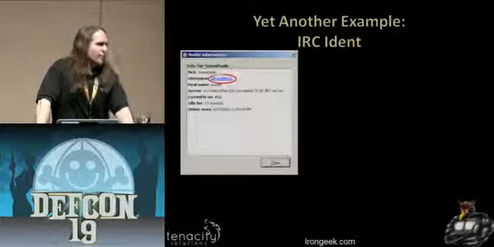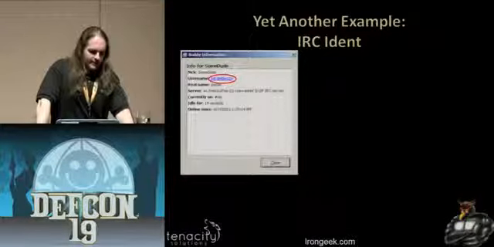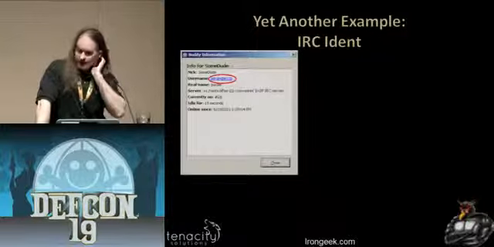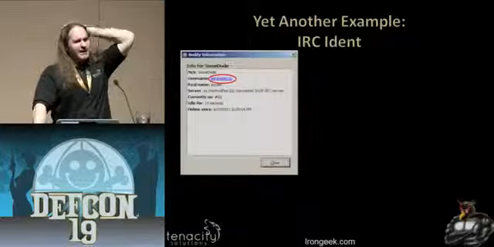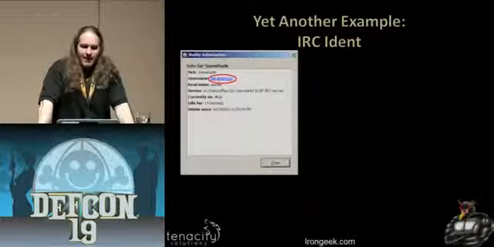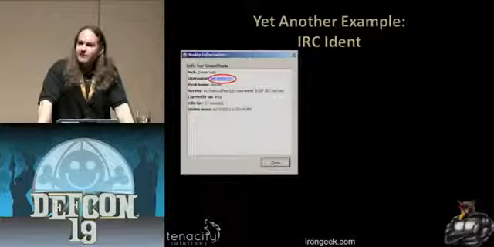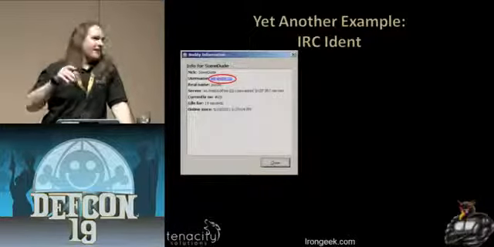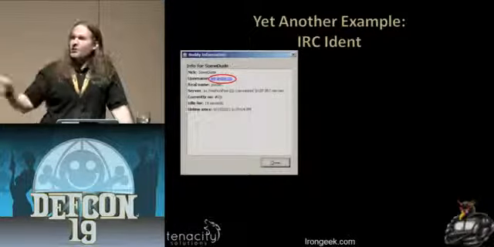Another example of an application flaw I'd like to mention is IRC. For a while there, I was trying to keep a different identity inside the I2P network, and I kind of botched it. I was using Pigeon as my IRC client, and by default, if you don't configure its ident information, whenever someone does a whois on your nick in IRC, they can find out what username you log into a machine as.